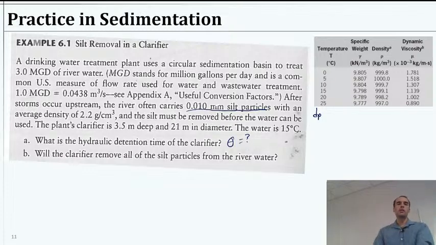And B, will the clarifier remove all of the silt particles from the river water? So is it going to work? So I'm going to write up a couple equations here to remind you, but take 5-10 minutes. Feel free to work together and see if you can come to an answer on this. And maybe in 5 minutes or so, I'll start talking you through a few steps.